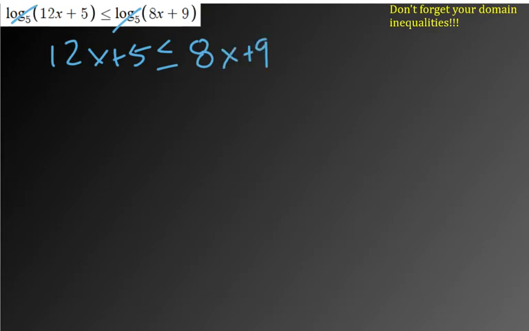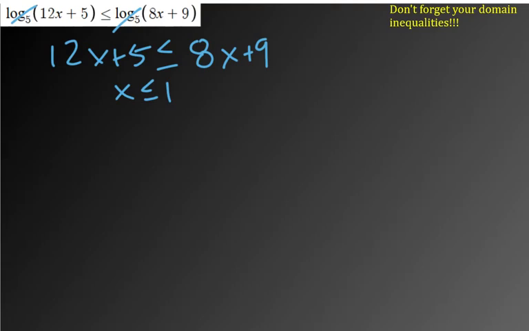But this one you're going to have to be careful of with the domain, right? So solving this inequality, you would get that x is less than or equal to 1. And you've got to do more than that, because in this problem, I would say that's like a third of the way done.